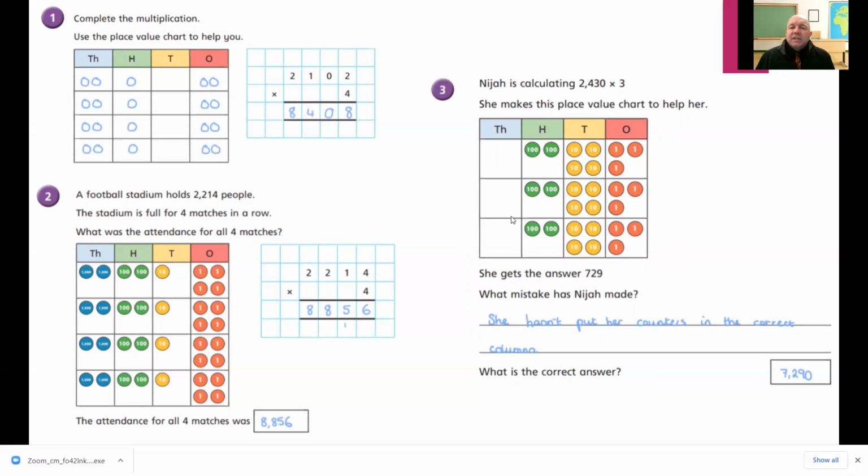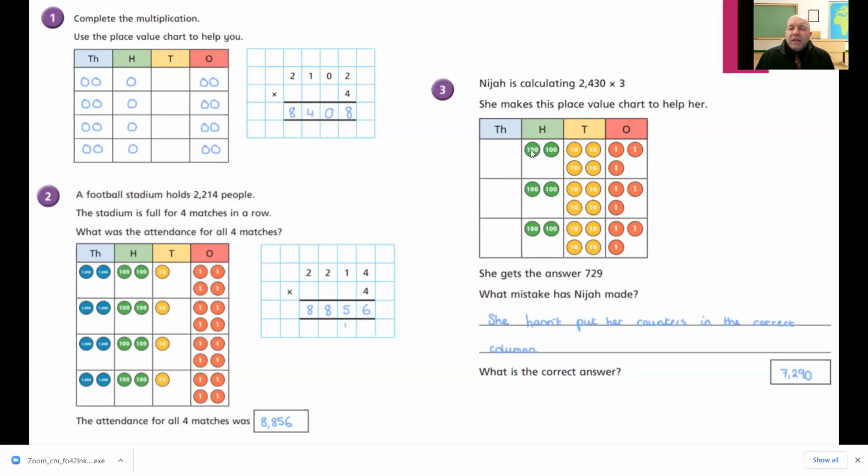Okay, so let's have a look. 2,430. Has Nia represented 2,430 in her chart? Well, let's have a look. She's got nothing in the thousands. She's got 2 hundreds. She's got 4 tens, and she's got 3 ones.